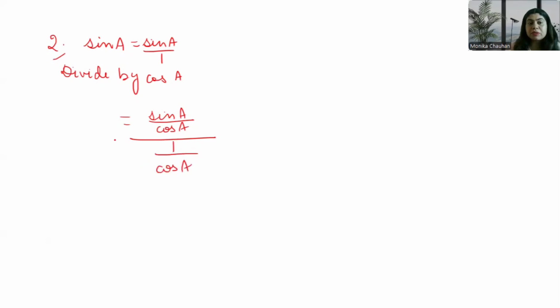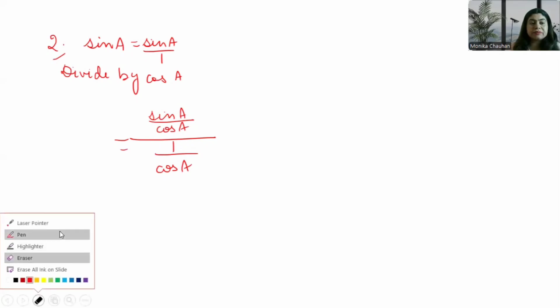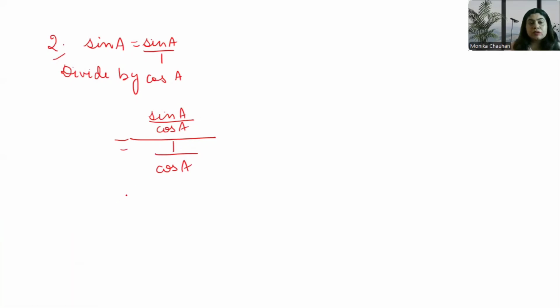By the way, there is a purpose for it that I have added sine A upon 1. You will see. So what happens? Sine A upon cos A. This becomes tan A, and 1 upon cos A is sec A.